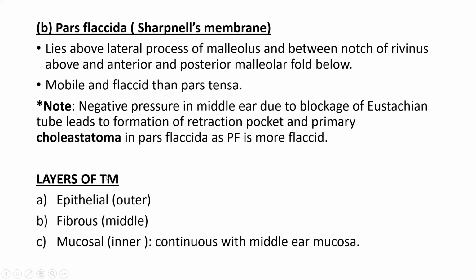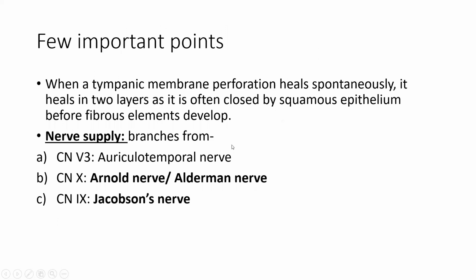There are three layers of the tympanic membrane. The outer layer is the epithelial layer, the middle layer is the fibrous layer, and the mucosal layer is the inner layer of the tympanic membrane, and this mucosal layer is continuous with the middle ear mucosa. And a few other important points of the tympanic membrane: when a tympanic membrane perforation heals spontaneously, it heals with two layers only.